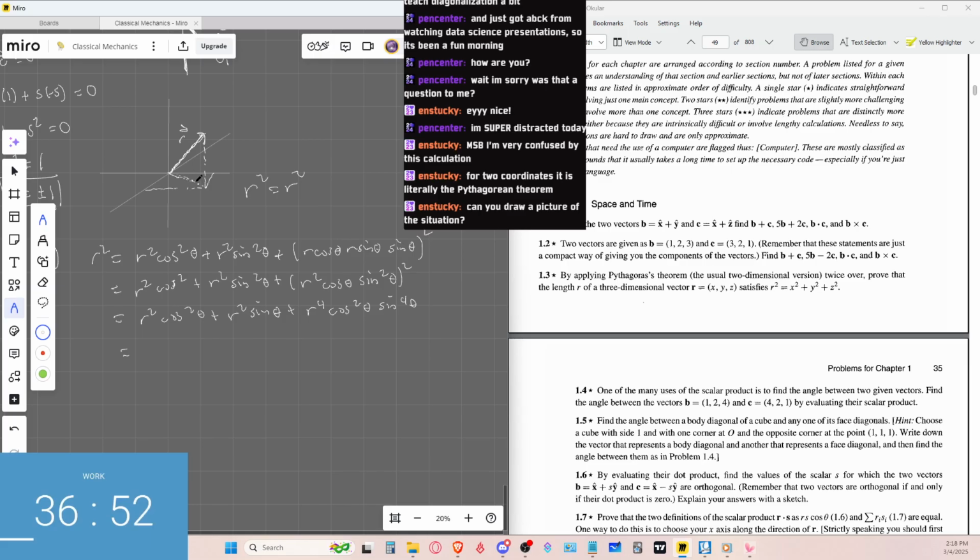Oops, didn't draw that dotted line very well. We'll just put it like that. Maybe drawing a picture will help, because I know the formula, but I just don't understand where it comes from.